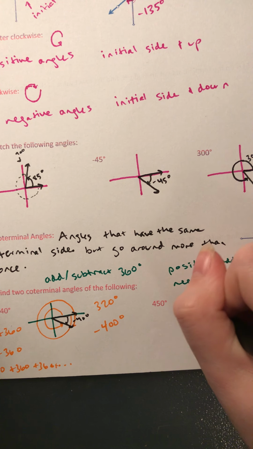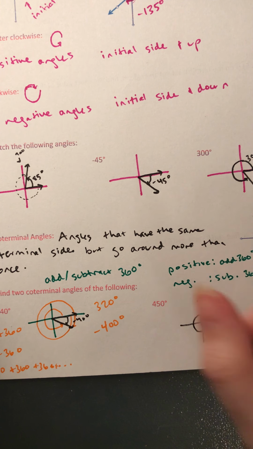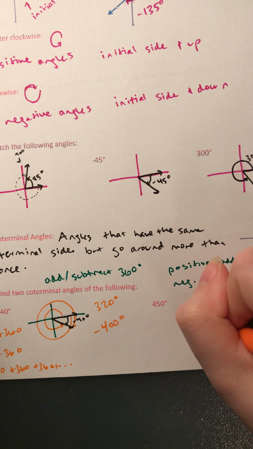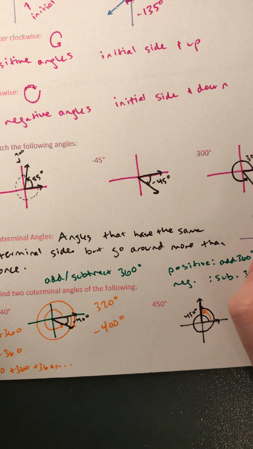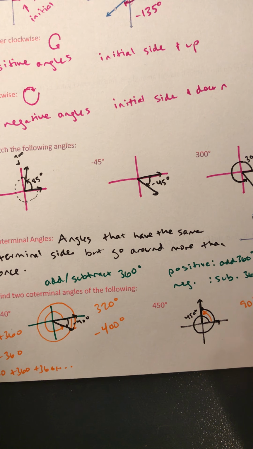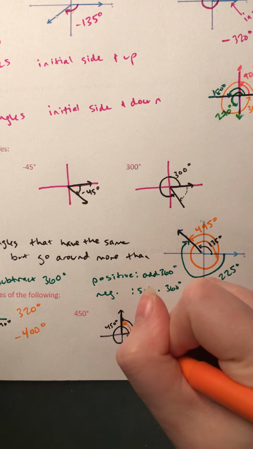So we've stopped here. So this is our terminal side that we care about. So this technically is 450 degrees. So I think the obvious answer is a coterminal angle is just 90, right? One of them is 90 degrees. How could we get that? Well, that would be 450 minus 360 gives you 90 degrees. What else could we do? We could go backwards once.